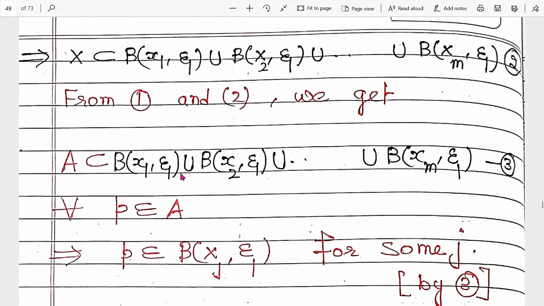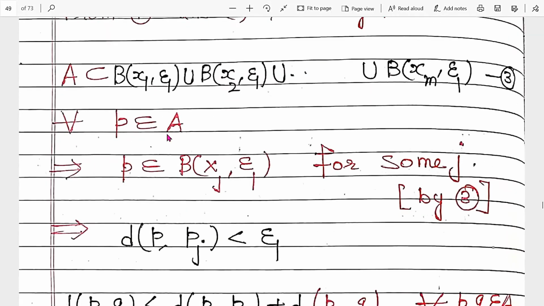Clear? A is part of this union, and A contains an infinite number of elements. Remember, these are finite balls. So every element of A is part of this finite union; A contains infinitely many vectors, and these are finitely many open balls. So for every p belonging to A, p belongs to this union.